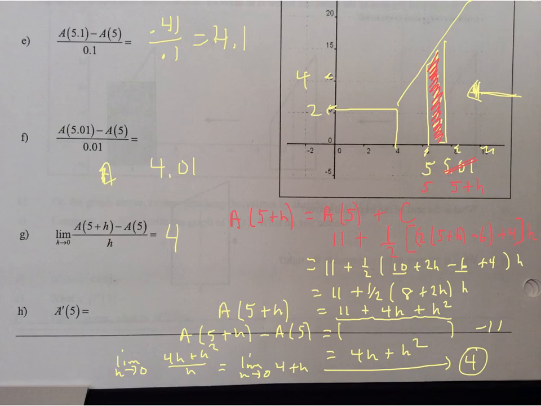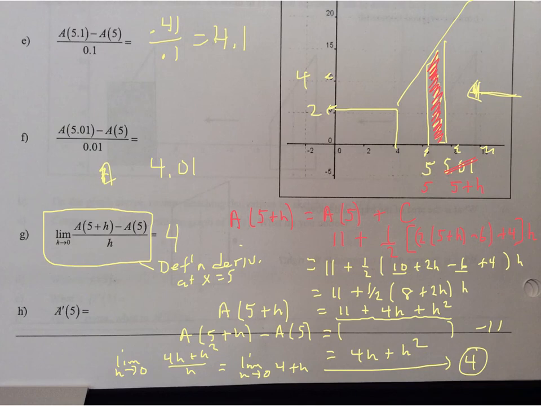Now, don't forget what this term means. When you're looking at that, I'm hoping that you are recognizing that as the definition of the derivative of our function at x equals 5, which is what part H is asking.